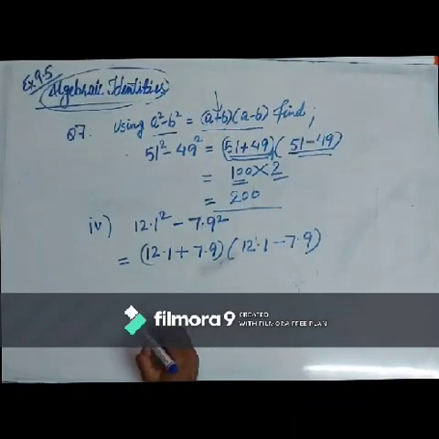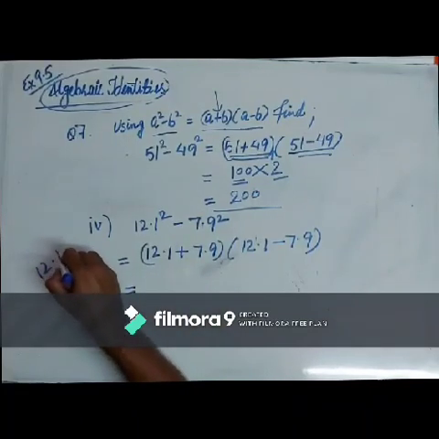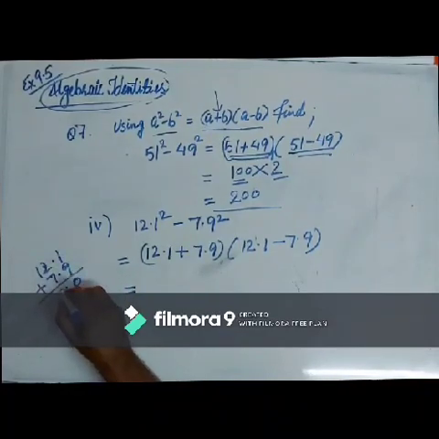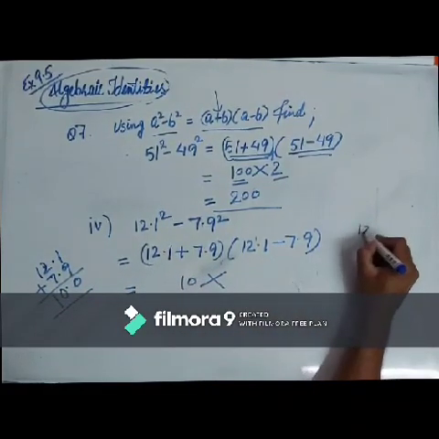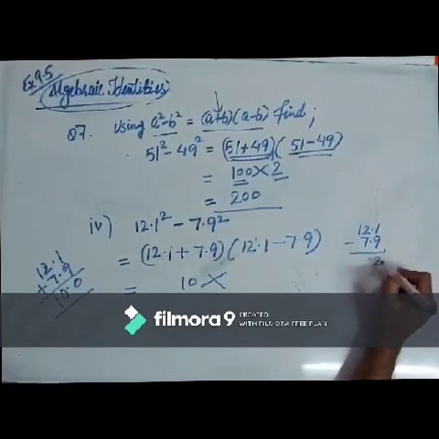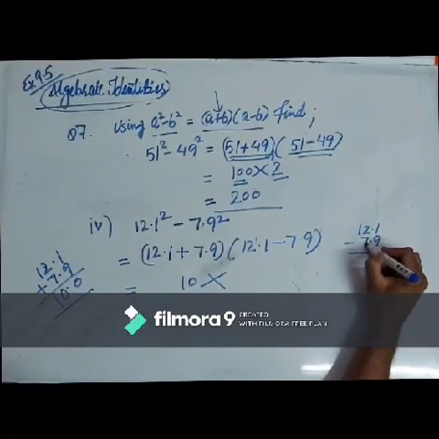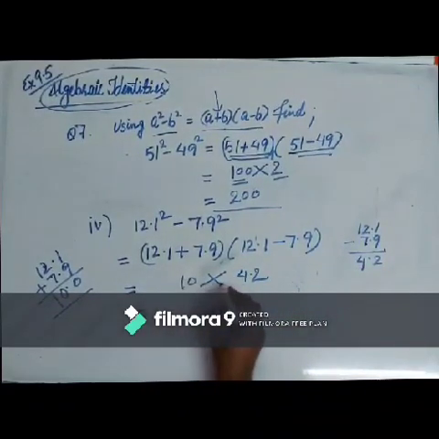So 12.1 and 7.9 add up to 10, so this is 10 into 12.1 minus 7.9. So 12.1 minus 7.9 is 4.2. So my answer is 10 into 4.2, which is a little bit easy, 42. That's all, easy.